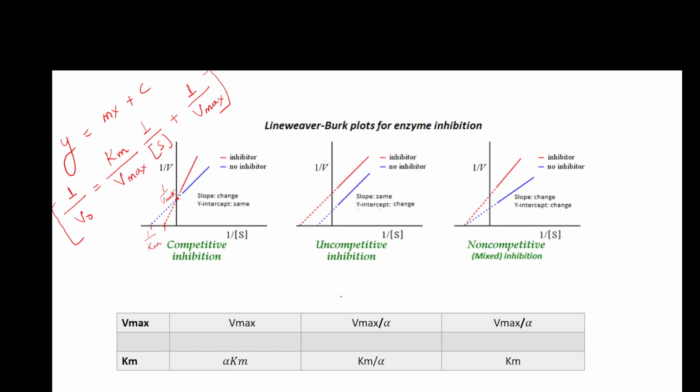So in this case the Vmax remains the same. We can see the slope. However, there will be an increase in the Km value by alpha. So the new Km will be alpha Km. And in uncompetitive, both get decreased by the factor of alpha, and in non-competitive only Vmax decreases and there will be no change in the Km value.